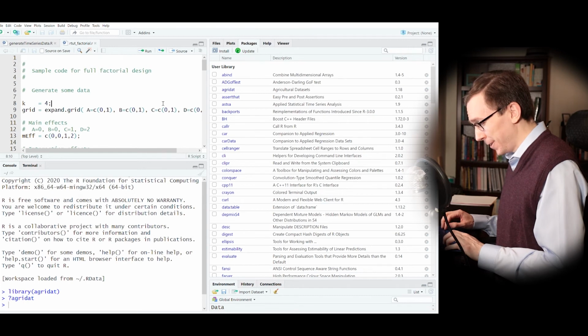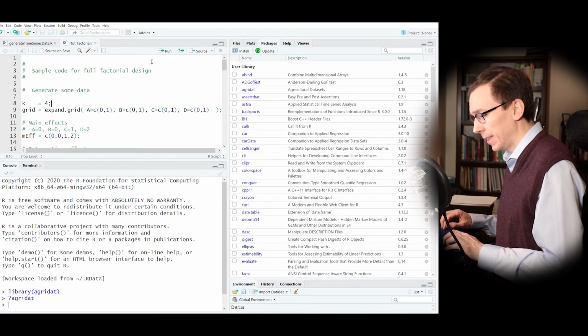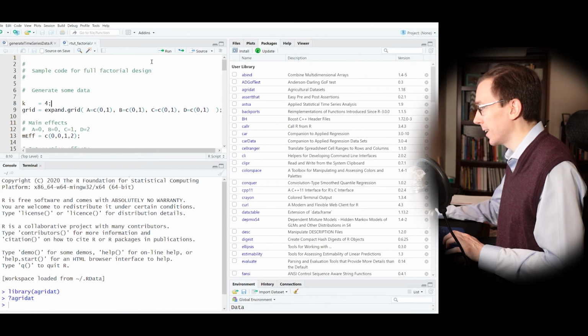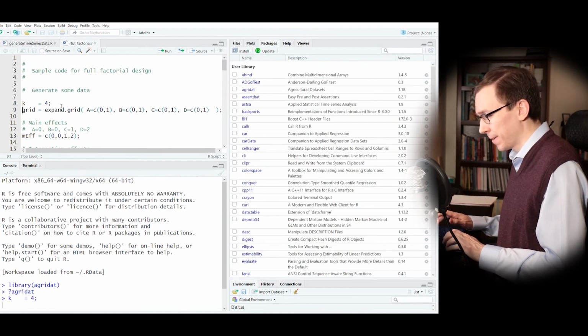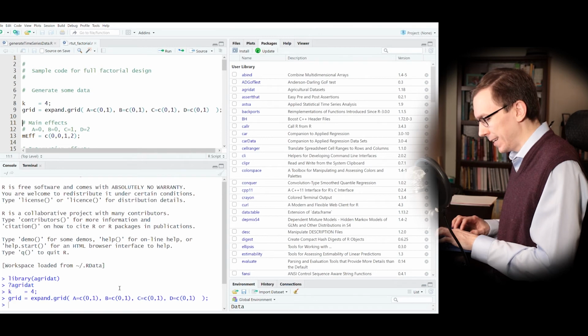So first, let's get a little bit of room here. This is just some sample code that I created, which is what I'm using in my online lecture notes if you're reading along with those. The first thing I'm going to do is set k equal to 4. I'm going to use the expand.grid function to create all of my combinations.